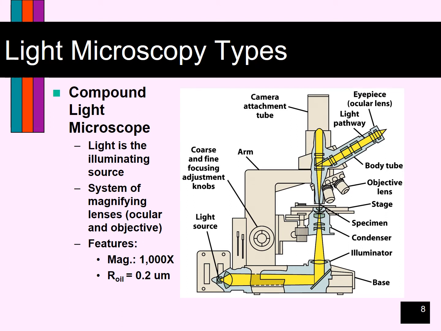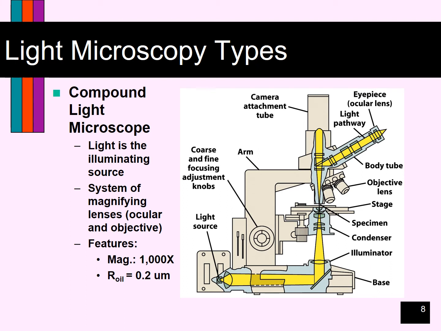The air and the glass would have different indices of refraction, and the light would actually be bent and could be lost and not collected by the objective lens because it's bent and moving in a different direction. And that would actually decrease the resolution of your image.